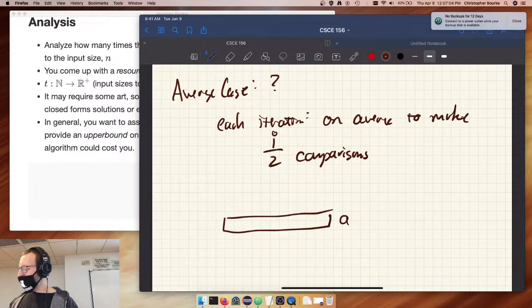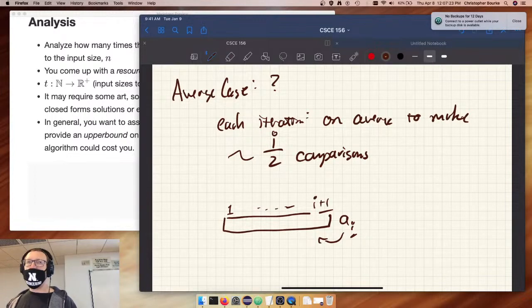So here's the scenario. You've got a sub i, and you need to insert it where it needs to be somewhere. Okay? Well, if it's a sub i, how many elements do you have over here? 1 through a sub i, or i minus 1. Right? And you're trying to put i where it needs to be. On average, you only have to look at half of them.